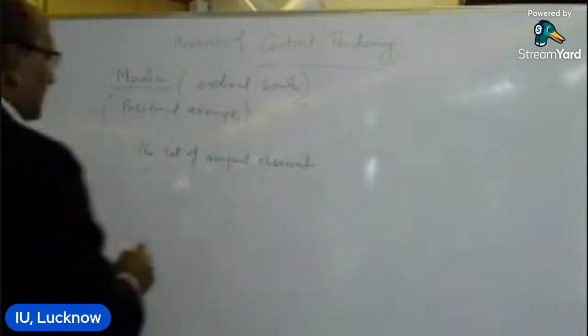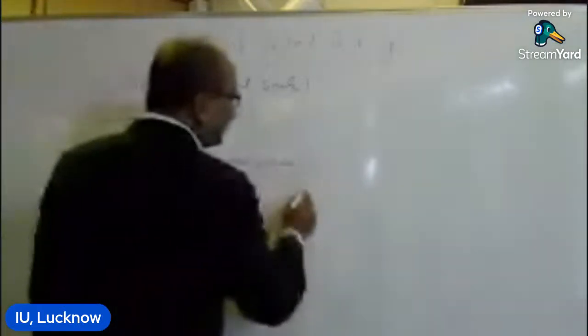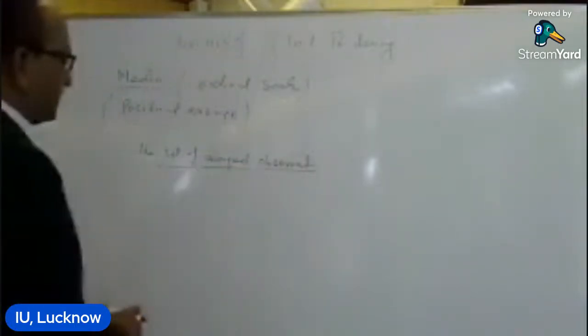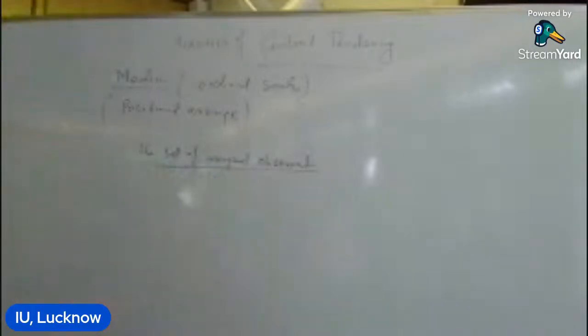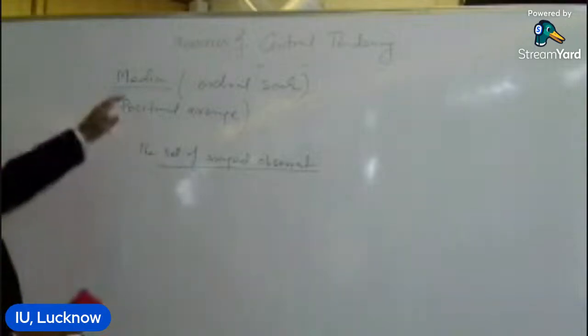So first, for finding the median, we have a set of arranged observations. If you arrange the observations and divide this set of observations into two equal parts, the position of the mid value will be nothing but the median.